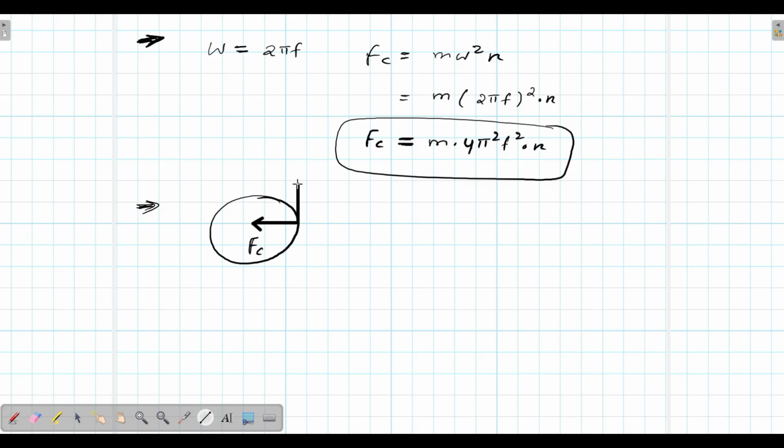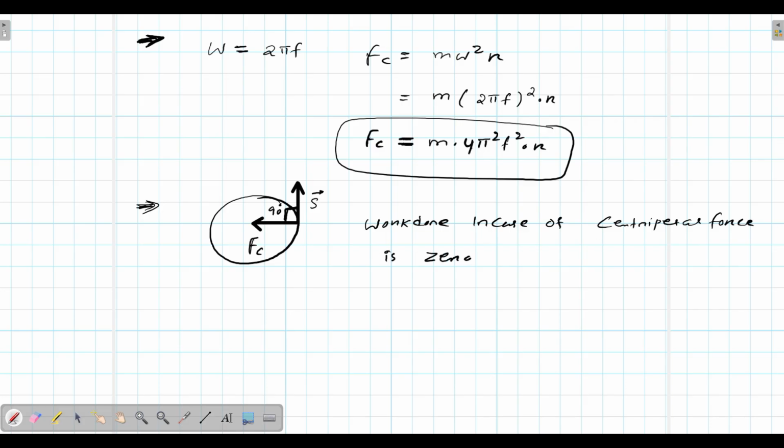So this angle is 90 degrees. Work done in case of centripetal force is 0.